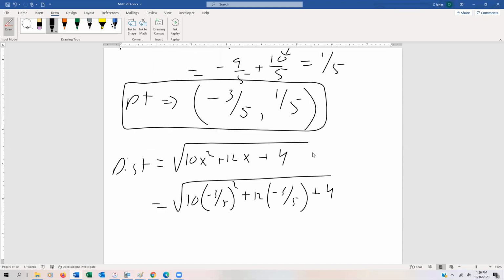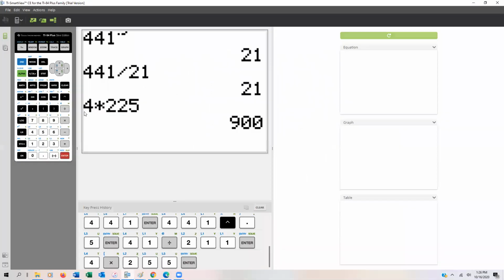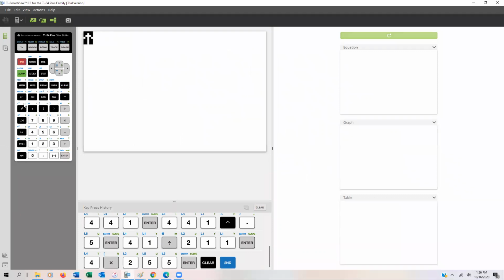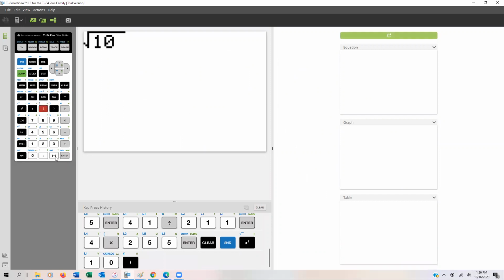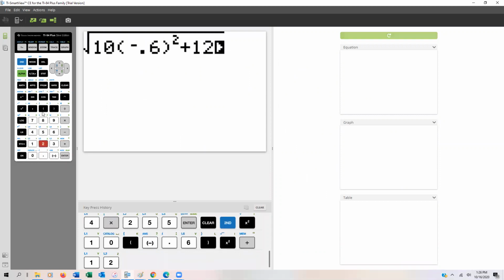And what we're going to do is just stick this in the calculator. By the way, negative 3/5 is the same thing as negative 0.6, that way I don't have to type in 3/5 the whole time. So we're going to say square root of 10 times negative 0.6 squared plus 12 times negative 0.6 plus 4.